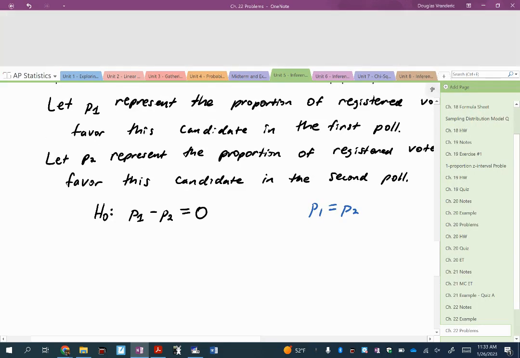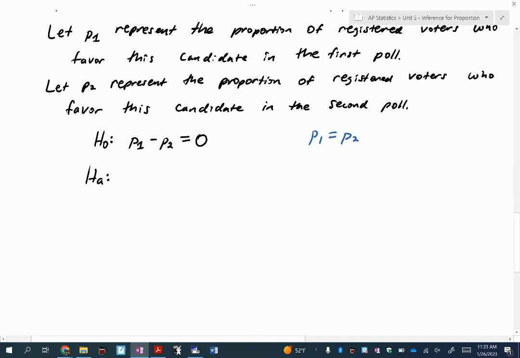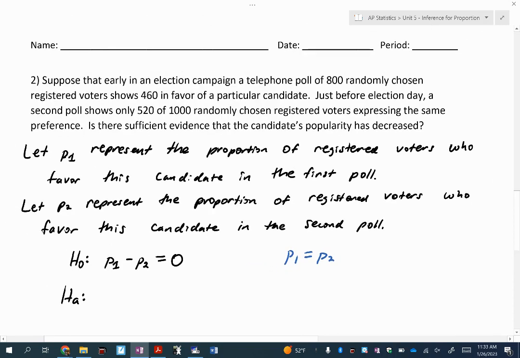The alternative. Now, this is where you got to really focus and think about what you want to do here. The question says, is there sufficient evidence that the candidate's popularity has decreased? Now, normally, when we did one proportion z-test, the moment I see decrease or get lower, I'm immediately thinking less than.